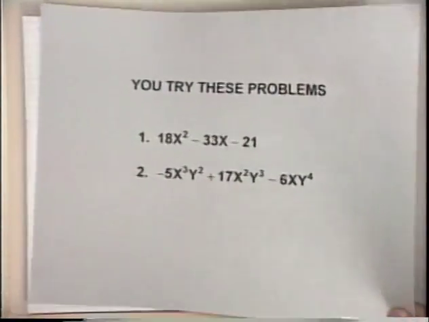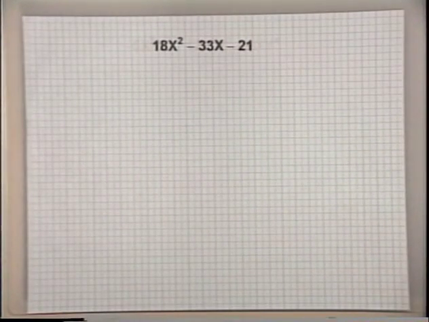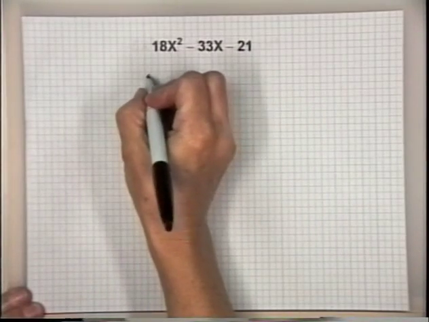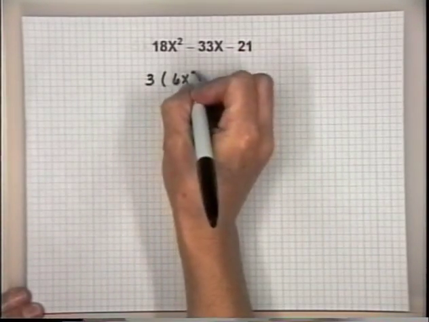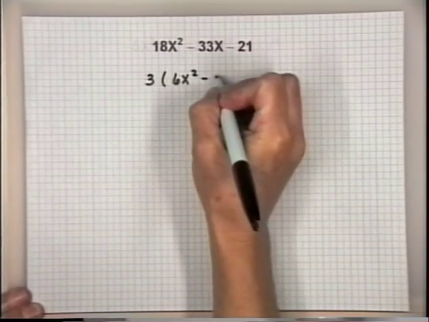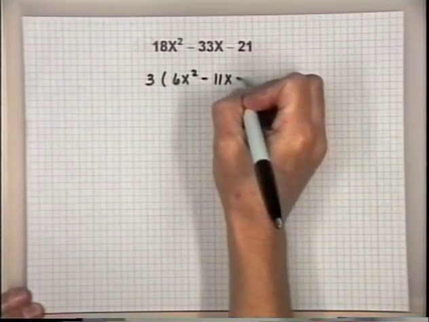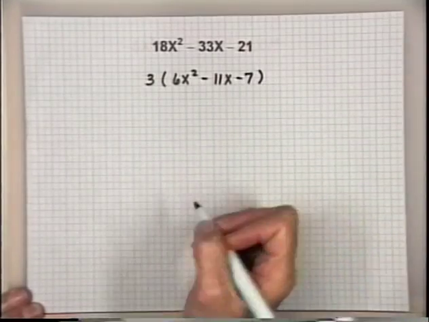Let's check your answers. 18x squared minus 33x minus 21. These numbers are all divisible by 3. Dividing by 3, we get 6x squared minus 11x minus 7.